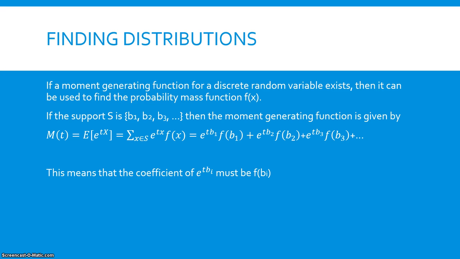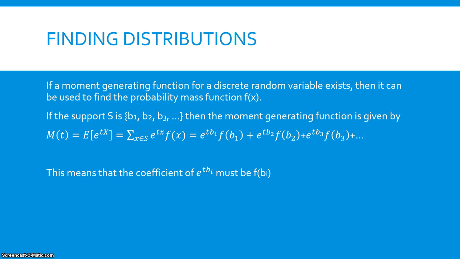So we can see that the numbers that are multiplied by t in the exponent are the possible values that our random variable x can take on. And their probabilities are given by the coefficient for e raised to the t times that value. It sounds a little more complicated than it really is to work with.